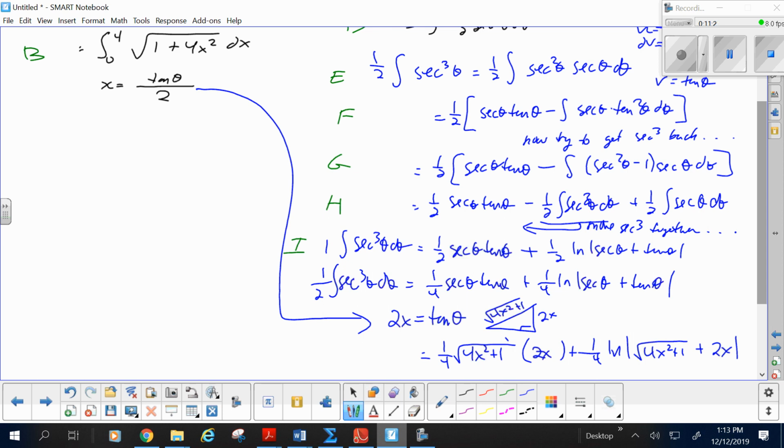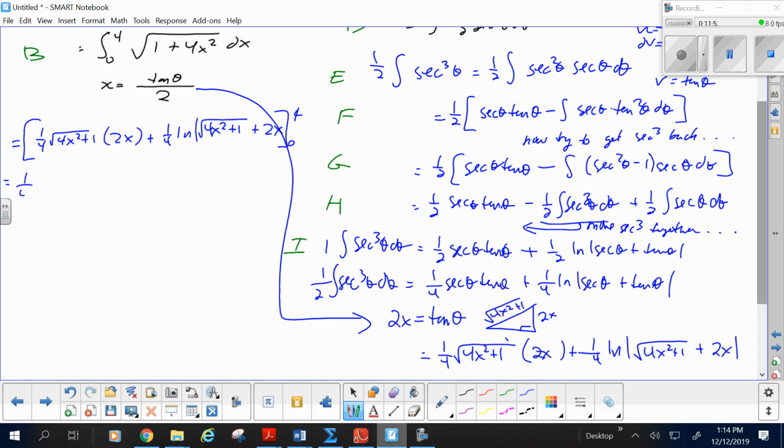You with me? Now I'm ready to come back and say, therefore, the integral for the arc length of a basic parabola is 1/4 root 4x squared plus 1 times 2x plus 1/4 log of the absolute value of root 4x squared plus 1 plus 2x, from 0 to 4. Yay? Cool, here we go, put in 4.